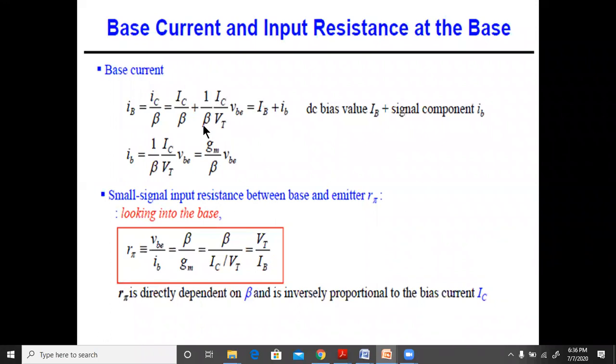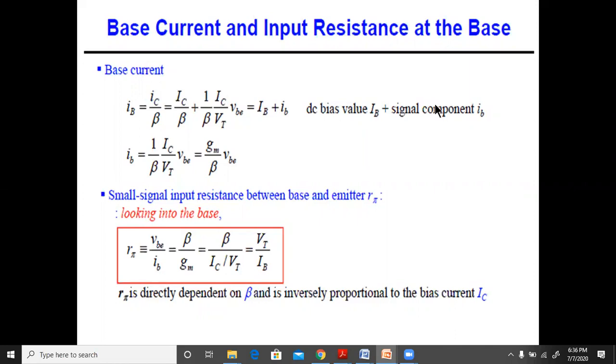So we are just expanding it and writing IC by beta as 1 by beta, IC by VT, into VBE. And because it is instantaneous, it is equal to the DC plus the input signal or AC signal, DC plus the signal component.